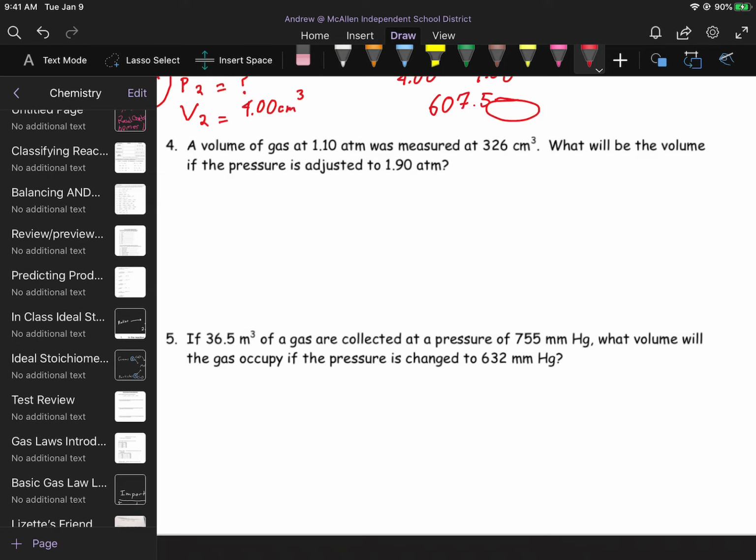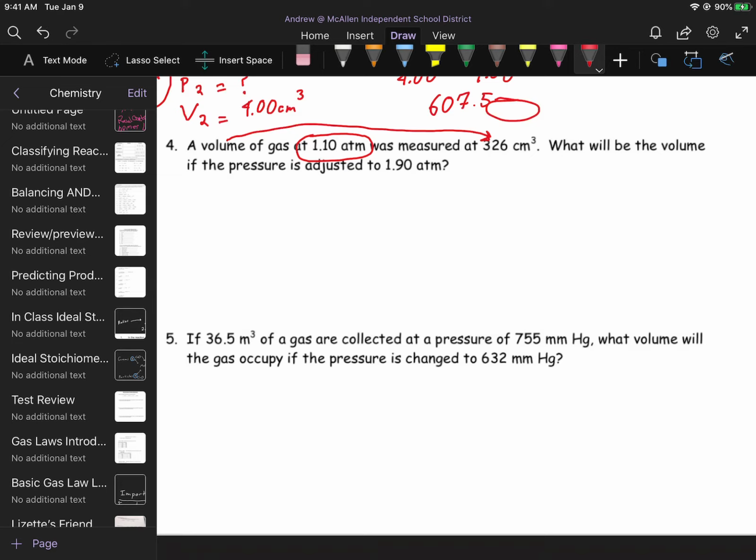Now, the wording on this one is a little weird. It says a volume of gas at 1.10 atm. Now, 1.10 atm is actually a unit of pressure, because here we have the volume at the end of the sentence. So this is just an English semantics thing.